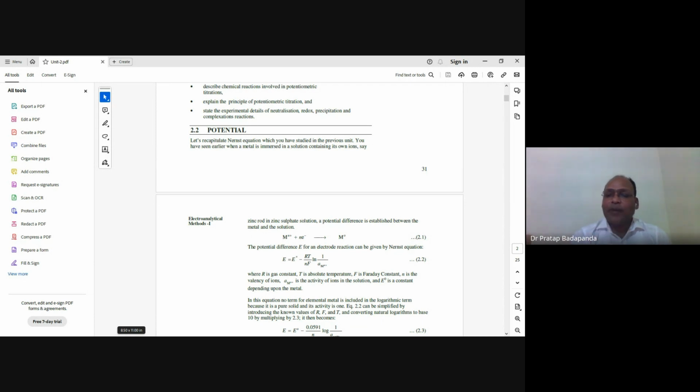So when we put the R value, T value, F value, and the ln to log conversion of 2.303, altogether, if we calculate, it will be 0.0591. So R, T, F, then ln to log 2.303, altogether it comes down to this. So the Nernst equation is E equal to E naught cell minus 0.0591 divided by n. Here R, T, F and ln all will be calculated, and the value will be 0.0591.